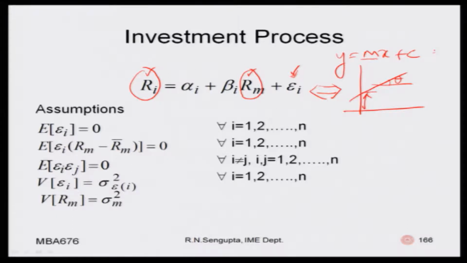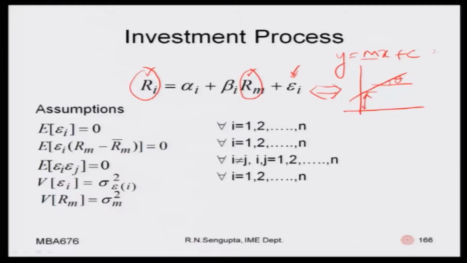Now, the assumptions are very simple. You consider that in the long run the expected value of the white noise is 0. That means epsilon, the white noise, if you add up the values, adds up in the long run to 0. We will also consider that there is no covariance between the market and the white noise, because that is the second equation. We will also consider that there is no correlation between the ith white noise and the jth white noise.